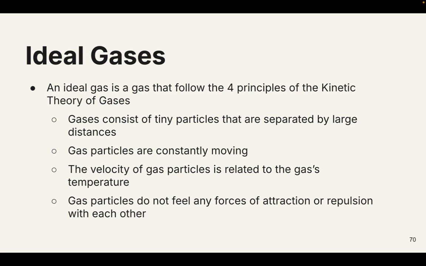Like the first principle of kinetic theory, the kinetic theory of gases says that gases consist of tiny particles that are separated by large distances, which basically means that the volume of the gas particles themselves compared to the amount of volume or distance between the particles makes the volume of the gases themselves negligible. So therefore, the volume of the container is the volume of the gas. We don't need to factor in the volume of the gas particles themselves.